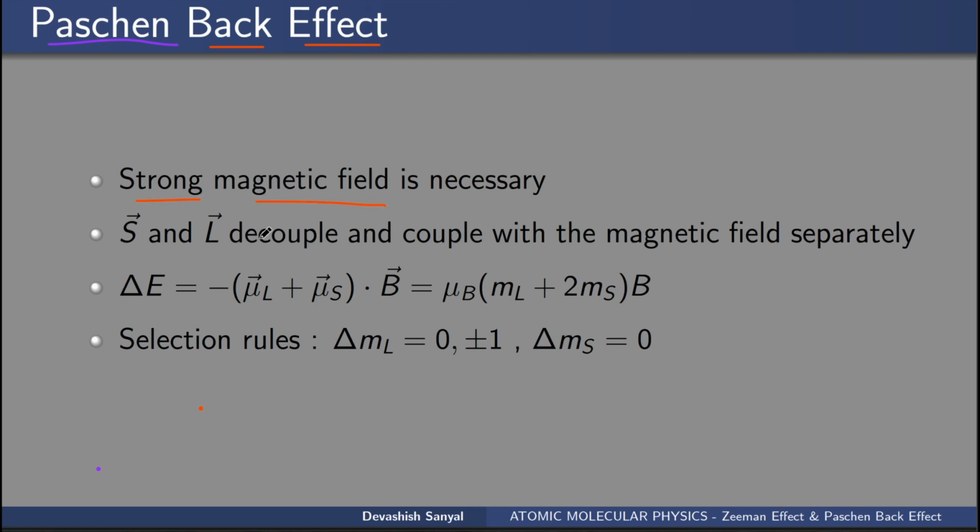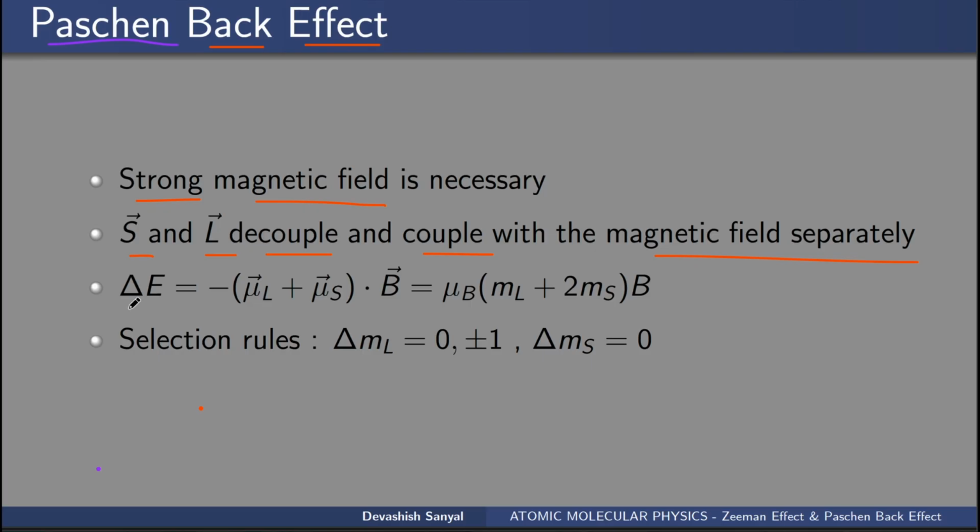What happens is the magnetic field decouples S and L, and they couple only with the magnetic field separately. So there is no J here, the total angular momentum quantum number is not there.